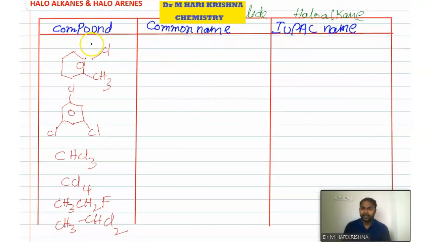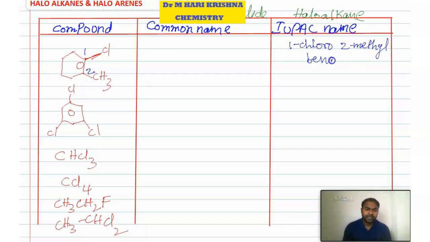Students, here in this case, this is 1, 2 position. So 1, 2 means how to mention it: 1-chloro, 2-methyl benzene.